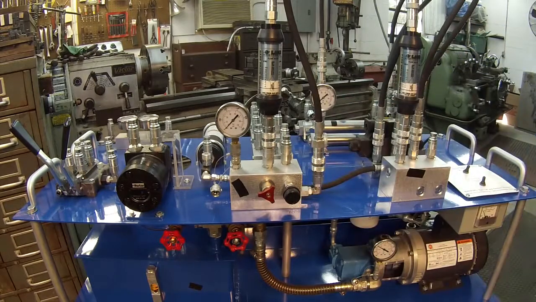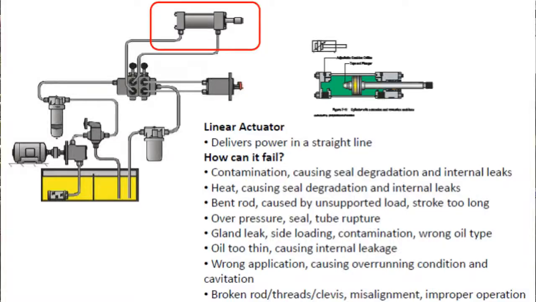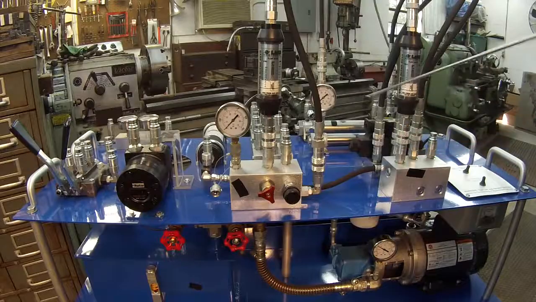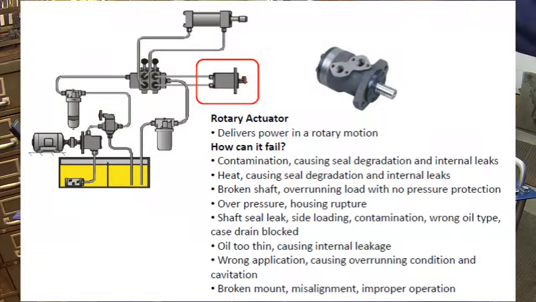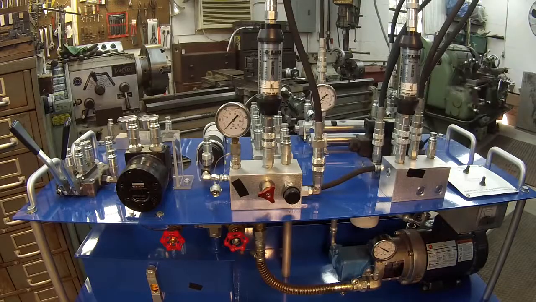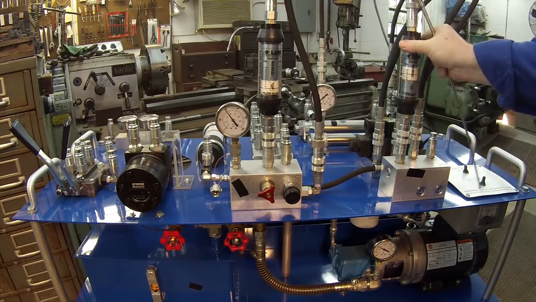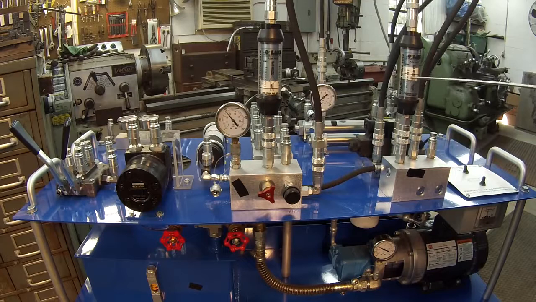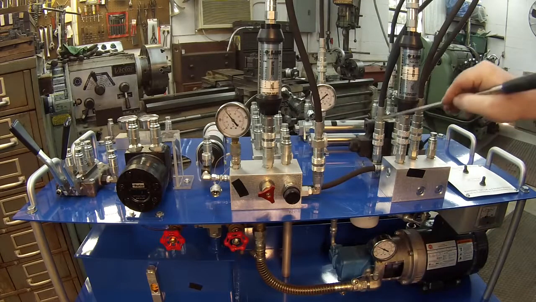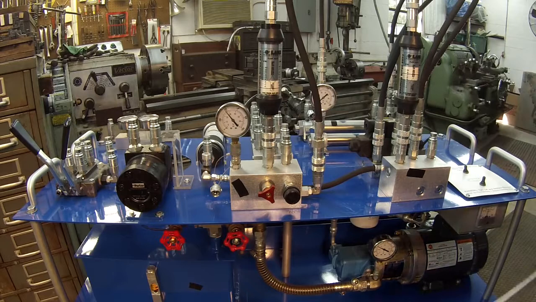All right, the next thing we want to talk about is the actuator. Again, you have a linear that goes in a straight line, and you have a rotary that goes around and around. If your cylinder is not coming out fast enough, that means you don't have enough flow. You've got 1.8 gallons per minute, and we determined a while ago with our little stopwatch that the cylinder should come out in 4 seconds.